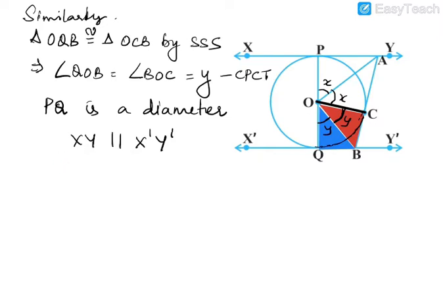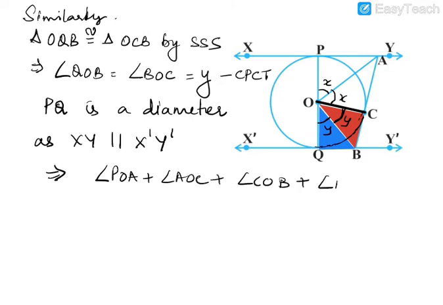This implies that angle POA plus angle AOC plus angle COB plus angle BOQ will be equal to 180 degrees.